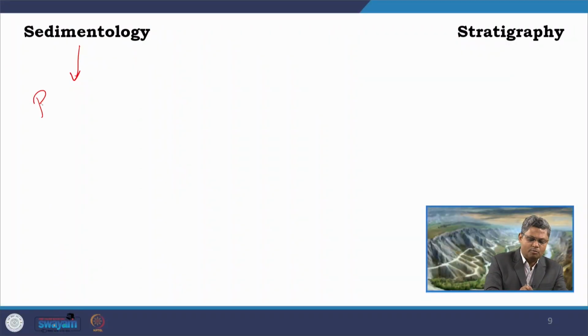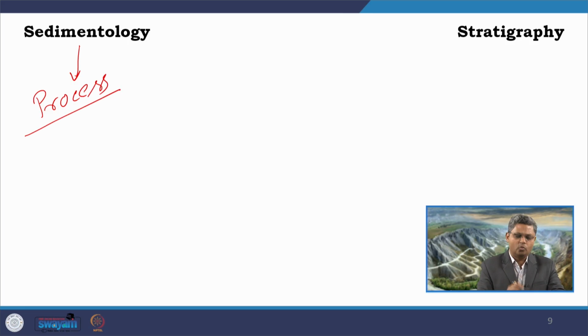So, basically what we can think of, there are two end member components. We do certain work under the branch of sedimentology, where we try to understand the sedimentary rocks and we try to interpret the sedimentary environments. Under this sedimentology part, we are mostly concerned about the process component, what we call process sedimentology, and based on this process factor, we try to interpret what has happened in that particular depositional environment.